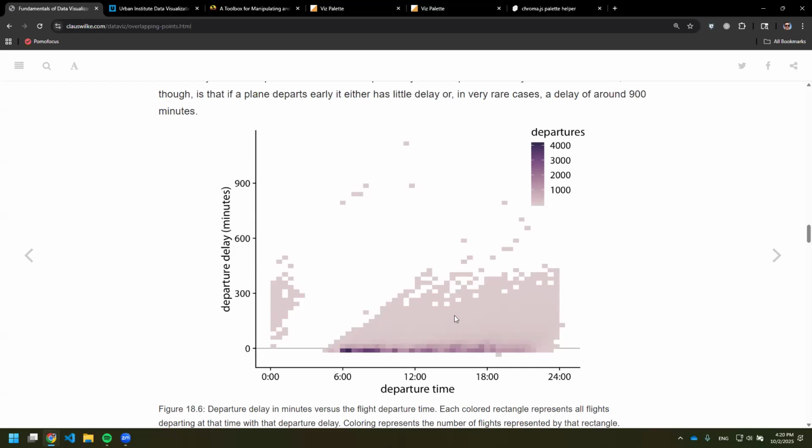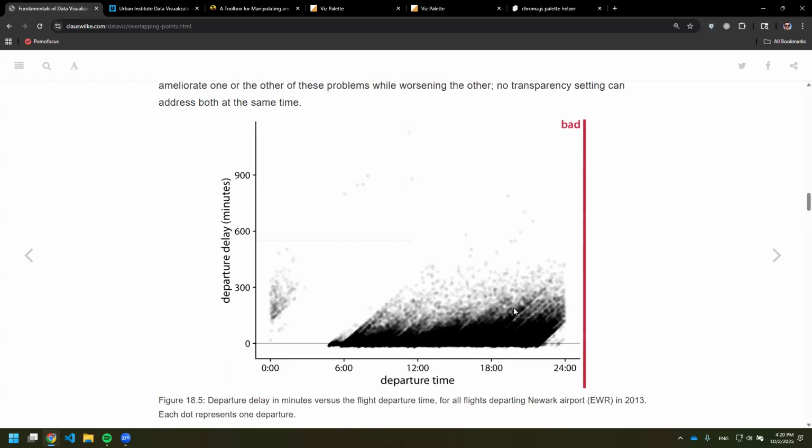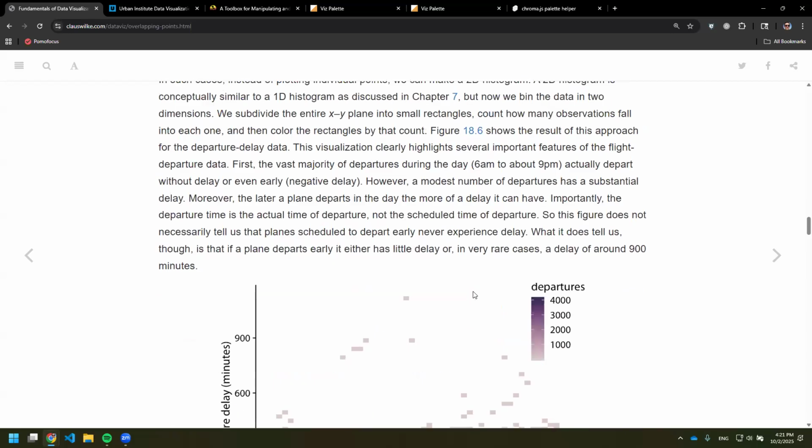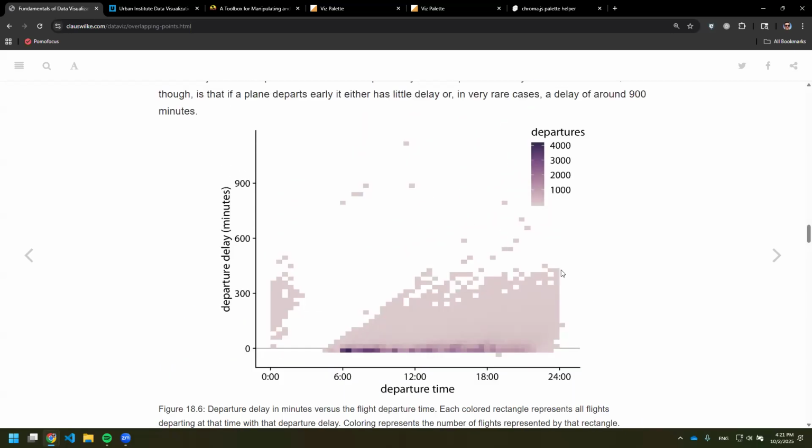That wasn't obvious from here. In fact, I'd say it's impossible to see that pattern here because of the extent of overplotting. This is the case where we have lots and lots of data points, and just by putting them in plotting space, we end up having lots of overplotting, and it's hard to see any pattern of interest.